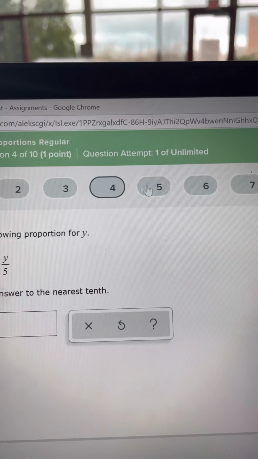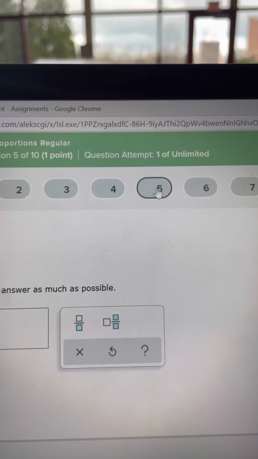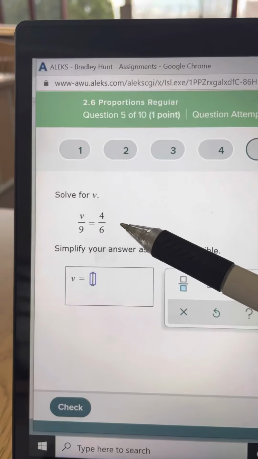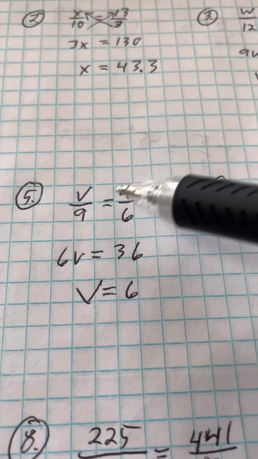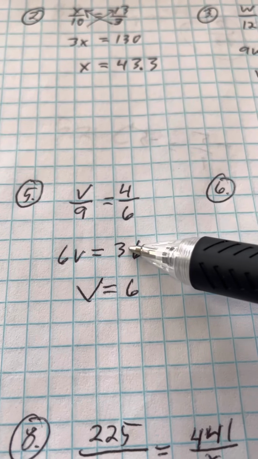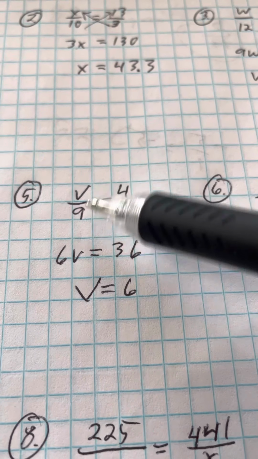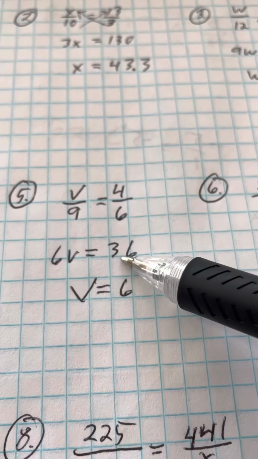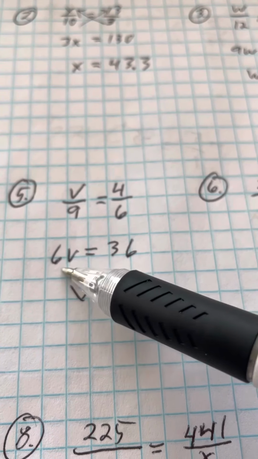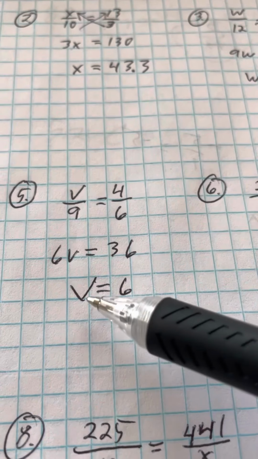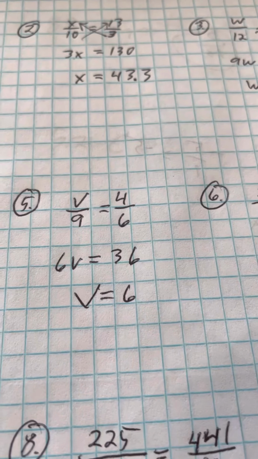Number 5. I get this proportion, and so I take 9 times 4, which gives me 36 over here. 6 times v is 6v. I divide both sides by 6, and I get v equals 6.